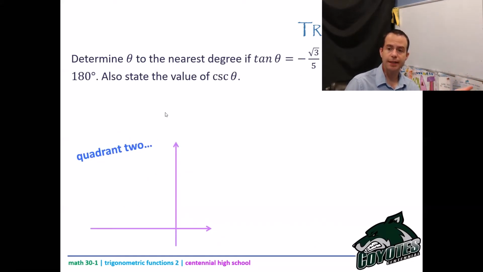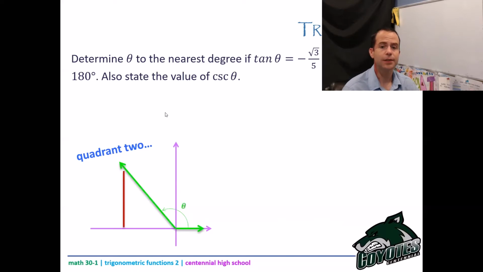Just like in the last example, I'm going to draw my little angle in standard position, drop a perpendicular, label what I know. So tan is opposite over adjacent. So I know that here's my root 3 and here's my 5. Which one's negative? Well, based on the quadrant, it would have to be the 5 that's negative.